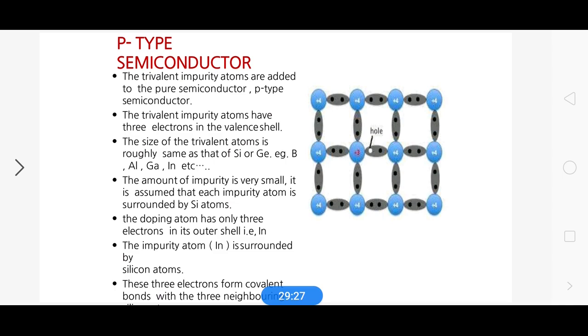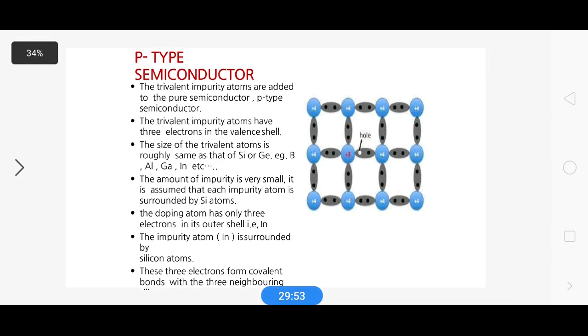Whereas in the 4th covalent bond, there is a vacancy for an electron. The doping atom has only 3 electrons in the outermost shell and the impurity atom is surrounded by silicon atoms, and these 3 electrons form covalent bonds with the 3 neighboring silicon atoms. Meaning there is a vacancy for an electron in the covalent bond.